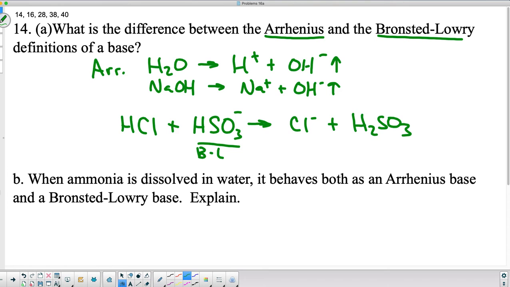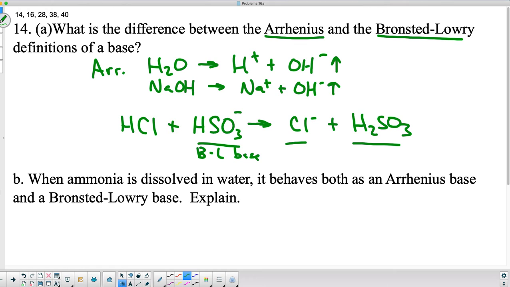Notice that nothing on this side over here resembles an OH, so you don't have to have an OH for a Brønsted-Lowry base. Now sure, if you increase the hydroxide ion, then you have accepted a proton from somewhere. You are a proton acceptor from one side to the other. So that is also part of what's going on.